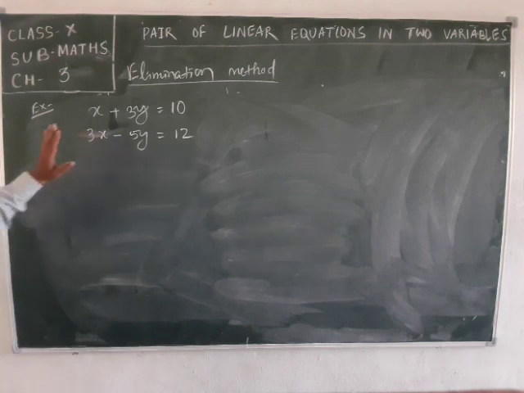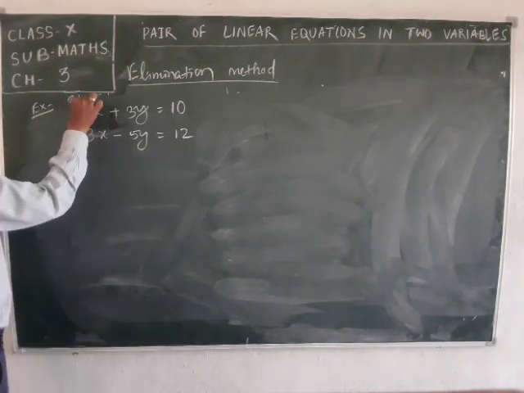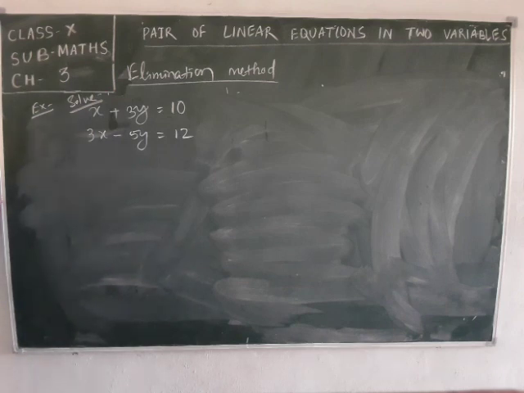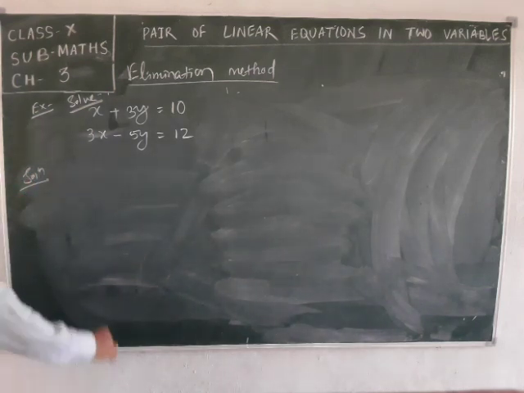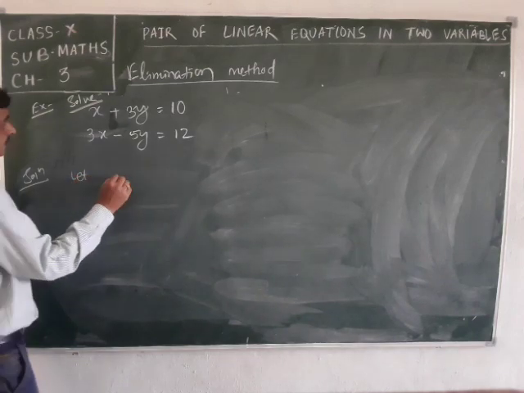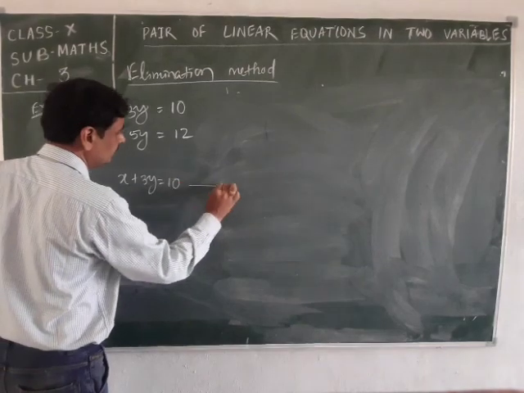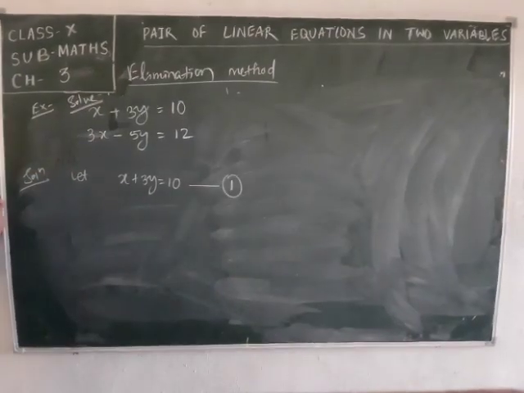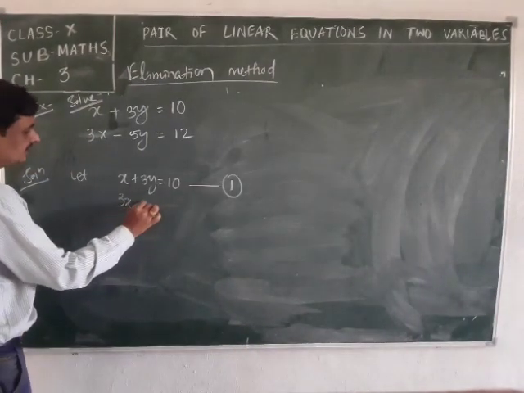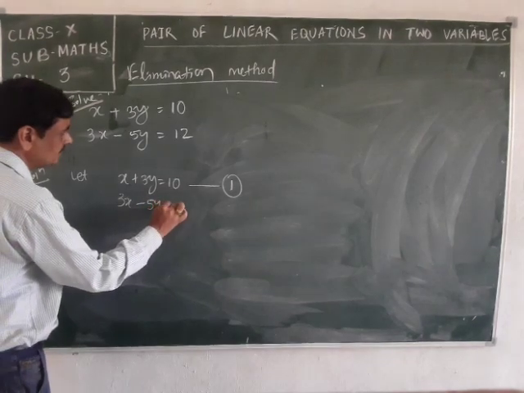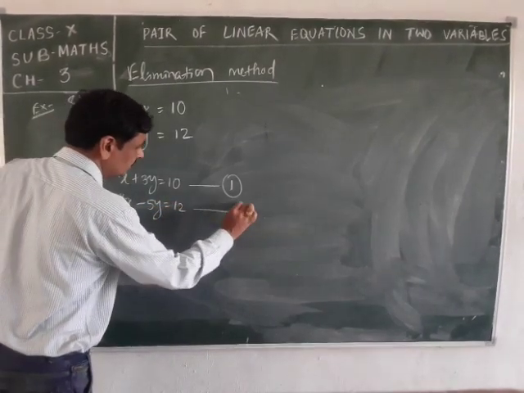How will the equations be solved? Solution. Let x plus 3y is equal to 10 be equation 1 and 3x minus 5y is equal to 12 be equation 2.